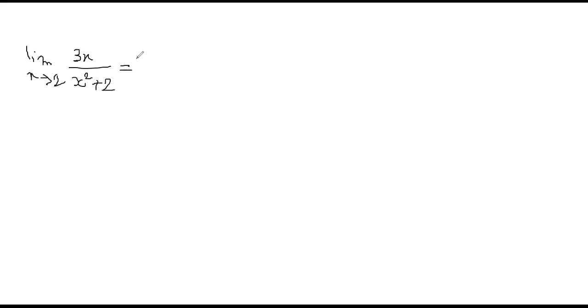So I got 1. 3 into 2 divided by 2 square plus 2, so 6 by 4 plus 2, equal to 6 by 6. It is 1. Got it? Okay. Next question.